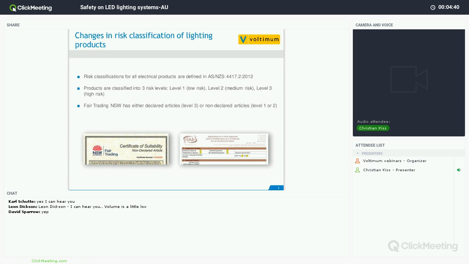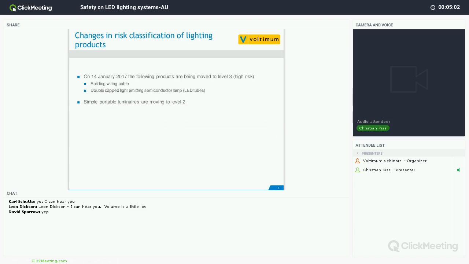With the non-declared articles, it's not actually mandatory to have a certificate of approval. If you voluntarily want to get an approval certificate, they call that a certificate of suitability for a non-declared or low-risk article. And I'll go into a bit more detail about what different level risk products are. Anyway, that's the highlight here.